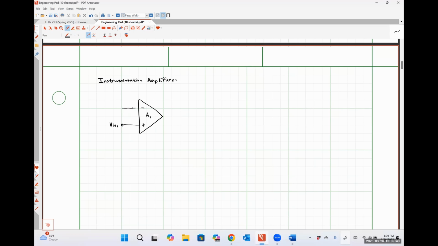And then I'm going to connect the output of A1 back to the inverting input of A1 with just a wire. Here's a resistance that I'm going to call R1.